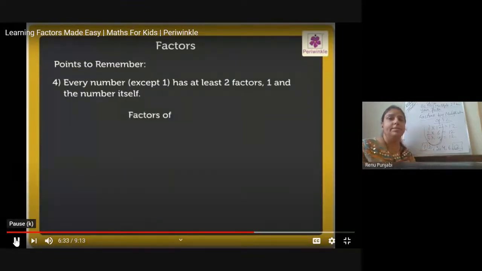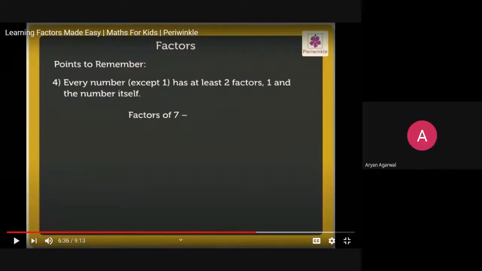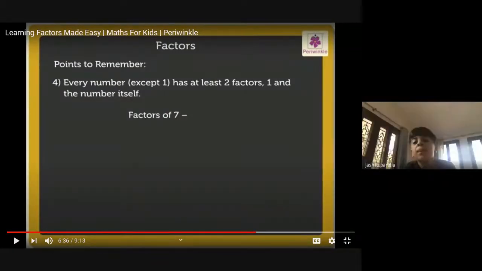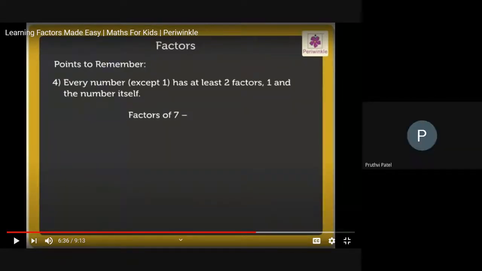Factors of 7. Which number is 7? Is it a prime number, composite number, odd number or even number? 7 is a prime number.